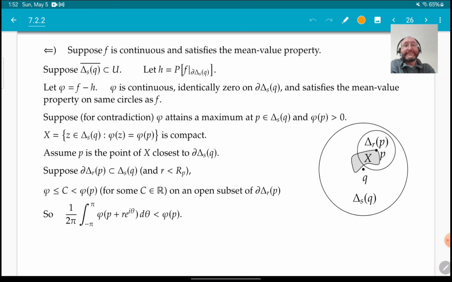But that means that if I take the average of phi on this circle, because phi of p is the maximum of phi, it's as big as phi gets on this entire disk, right, where phi is defined.